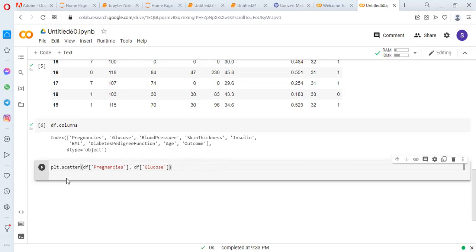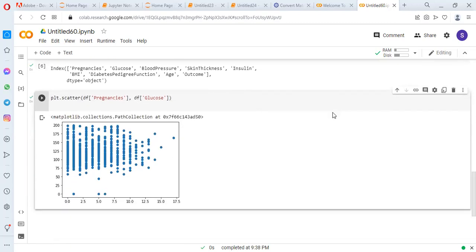The first bracket. See whether we can visualize this.